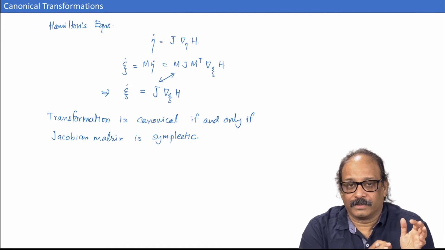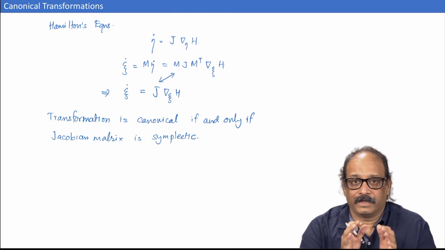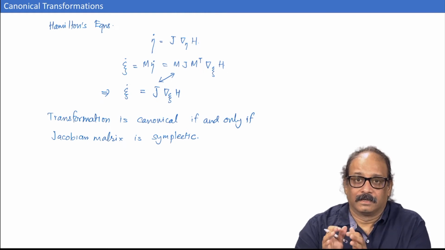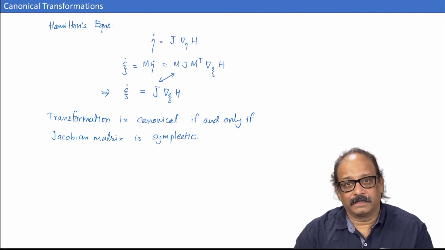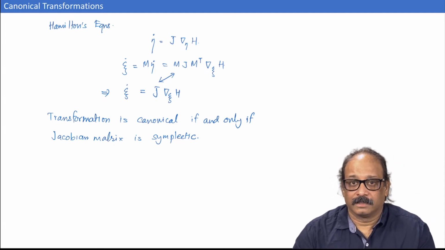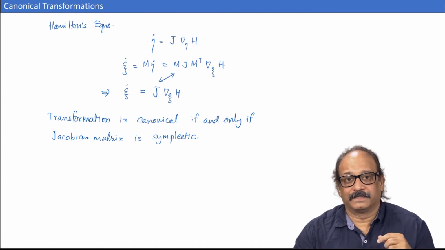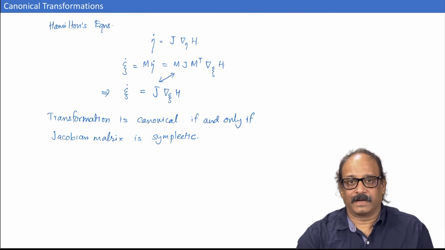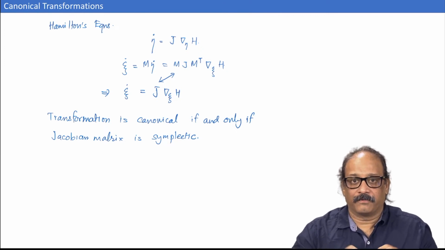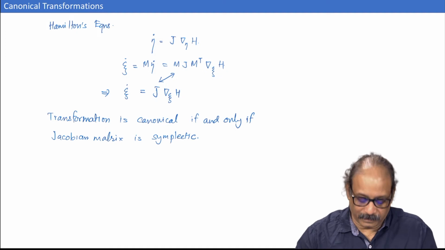So, Newton's equations are invariant under the orthogonal transformations. Here the Hamilton's equations are canonical if the Jacobian matrix is symplectic. So, this has a similarity with the idea of form invariance of a particular set of equations.